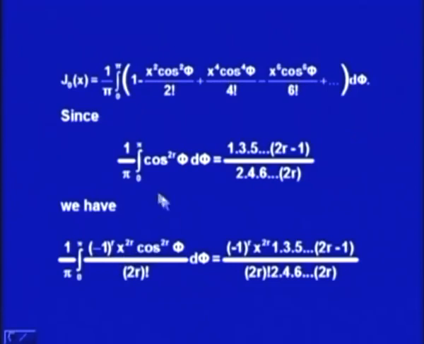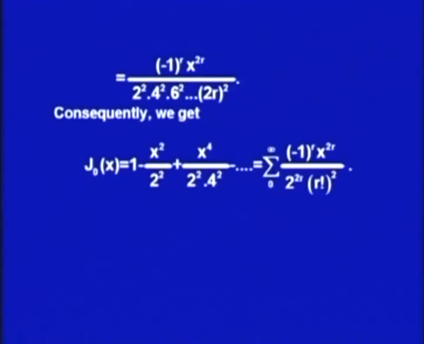So, we see that making use of this result, the value of this integral comes out to be (-1)^r x^(2r) into 1 into 3 into 5 and so on (2r minus 1) over (2r) factorial into 2 into 4 into 6 and so on up to 2r, which is equal to (-1)^r x^(2r) over 2 square into 4 square into 6 square and so on (2r) whole square, and consequently the value of J0(x) is equal to sigma r equal to 0 to infinity (-1)^r x^(2r) over 2^(2r) into (r factorial) square.